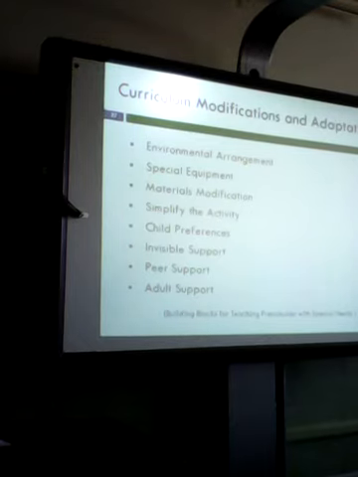So what about materials modification? What do you think about for that? It's probably more things I was talking about, like the visual schedule. And I think if somebody had a visual impairment, maybe making some of those visuals bigger for them to see, or making sure that it's black type on white background, so the distinction's a little bit easier.